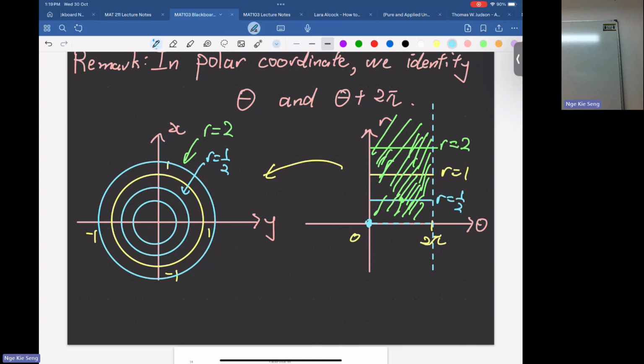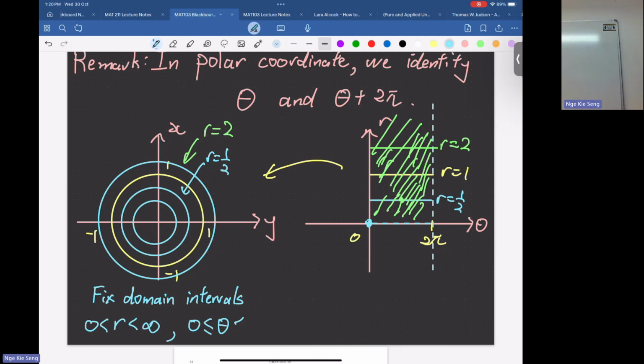No, I mean you need to fix one way to talk about these points here. So we fix the domain interval for r from 0 to, let's say, infinity, and then theta going from 0 to at least 2 pi.